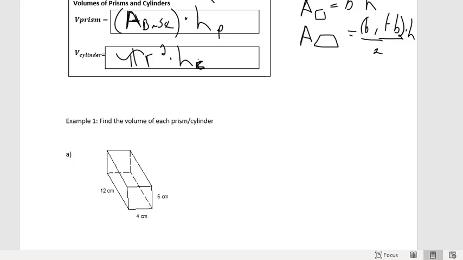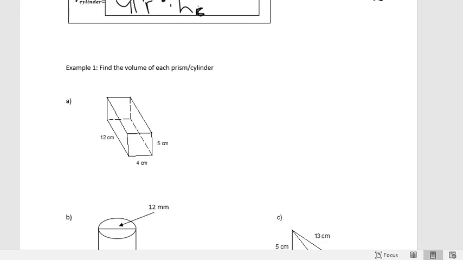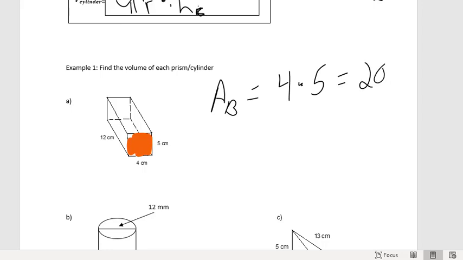All right, so as examples, we're going to find the volume of a couple shapes here. This is a rectangular prism, so we find the area of the base, and that's going to be 4 times 5, which is 20. So the volume equals area of the base times the height of the prism.